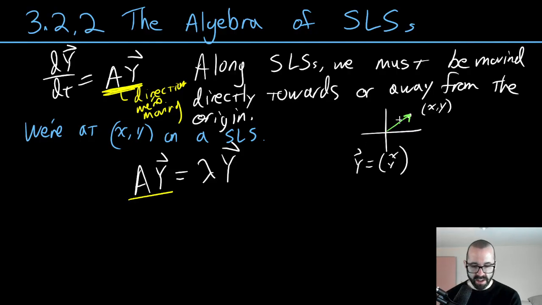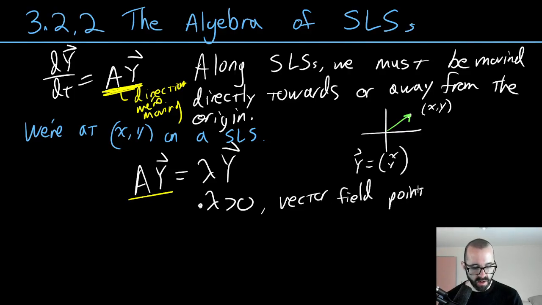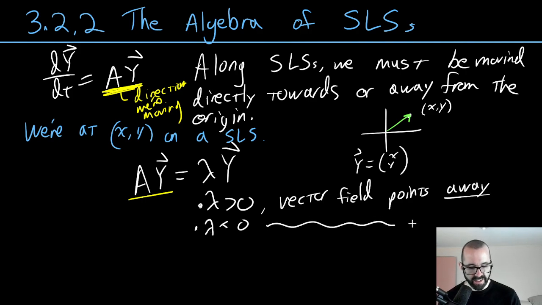Specifically, if lambda is positive, we're going away from the origin, so the vector field points away. This is going to be very useful for us. And if lambda is negative, well, what happens? The vector field points towards the origin.